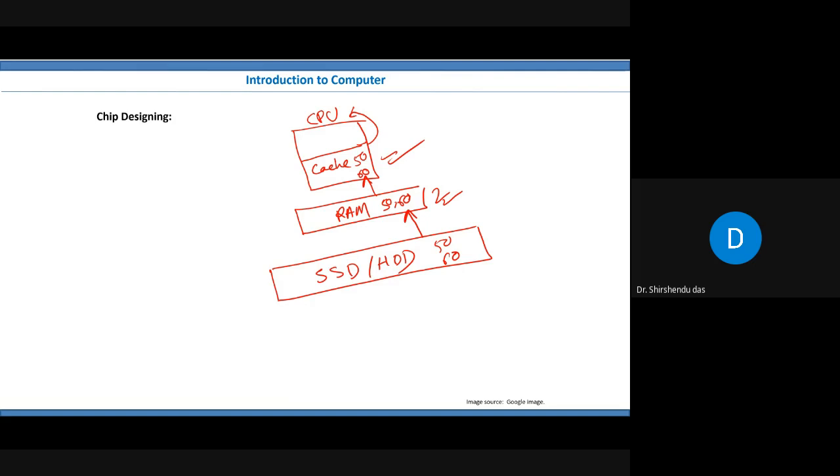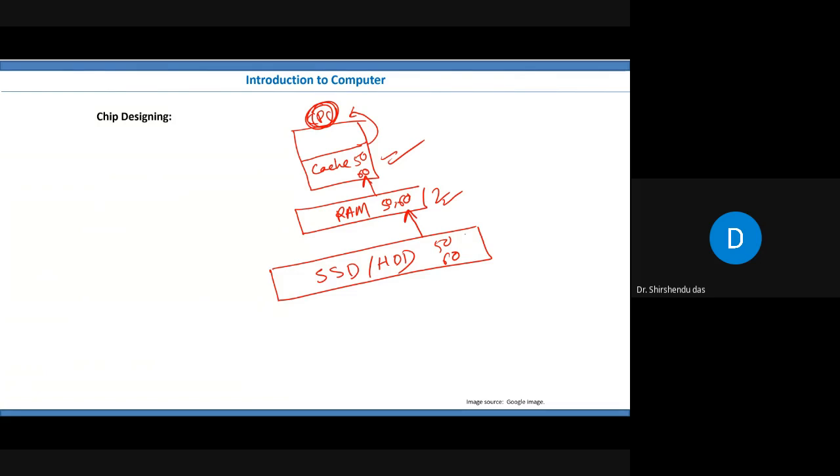It is because most of the time it is found that whenever the CPU requests some data from the hard disk, it is very likely that in the near future the CPU will request the same data again.